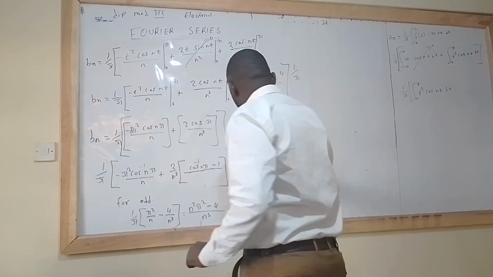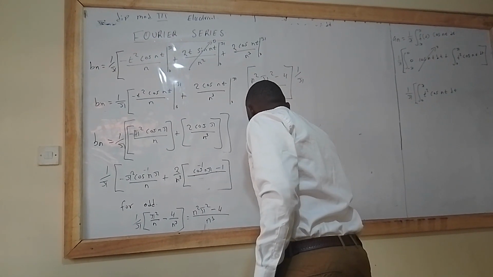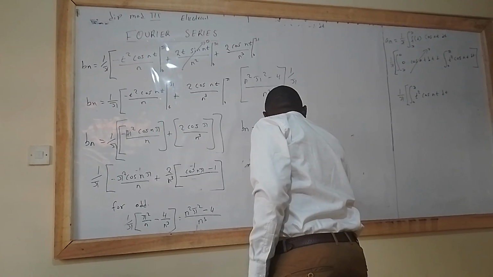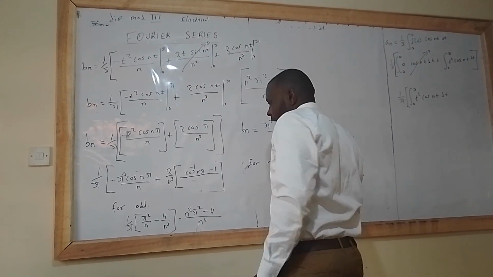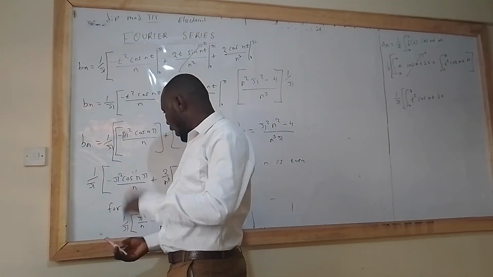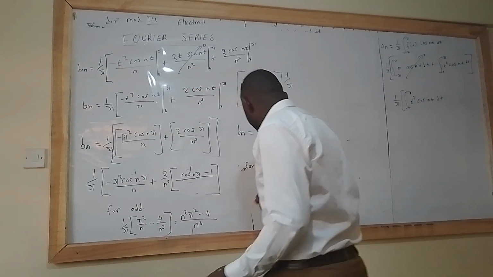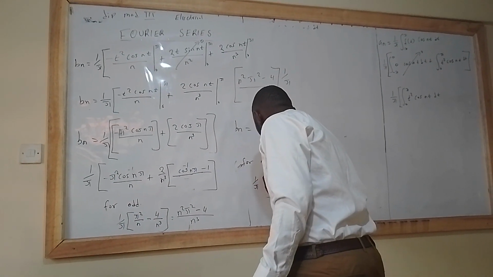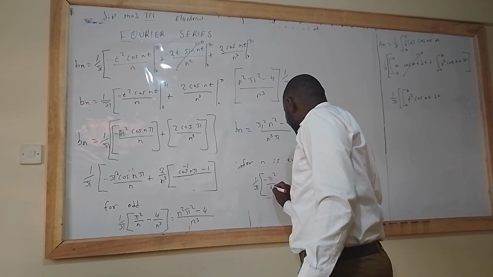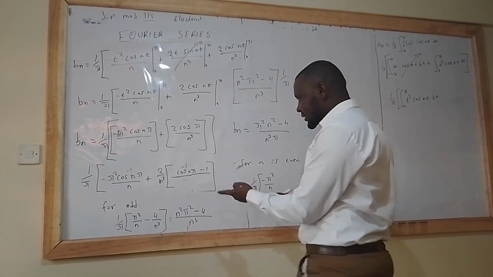So what about if Bn is given for n is even? For n is even. So remember, when n is even, we have 1. So here is 1 multiplied by this one. We'll still have 1 over pi, open the bracket, negative pi squared divided by n. Multiplied by 1 will remain the same. Plus 1.